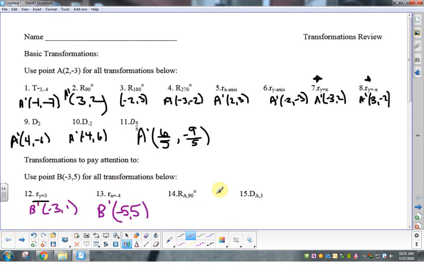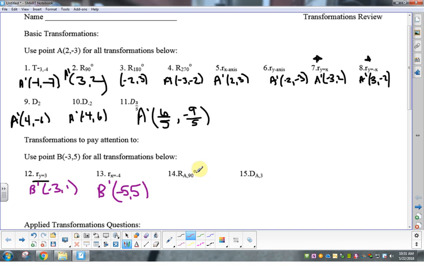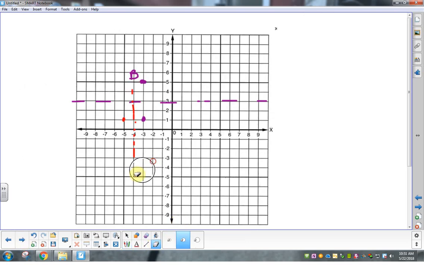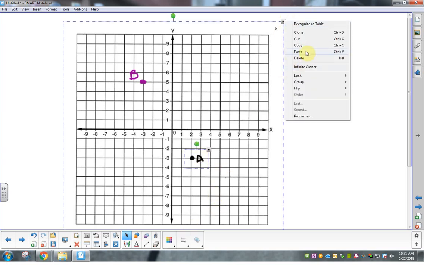Okay. Rotation around point A of 90 degrees. So I'm using the point A up here. I just figured I might as well use what's already there. So we're rotating around point A, and that's at 2, -3. So there's point A again. You are still going to turn, I just have to put these together so that they turn together.